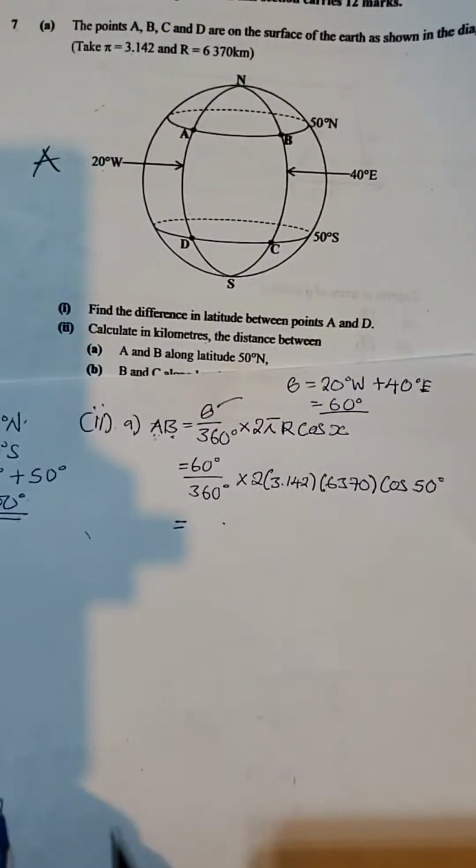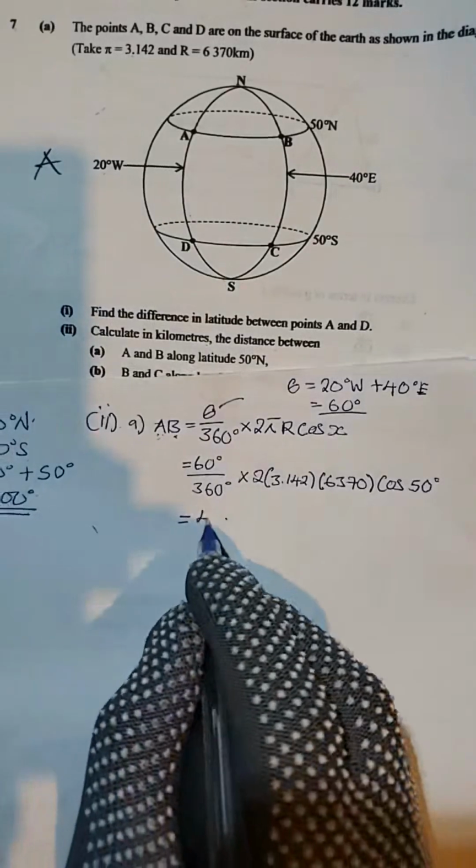Let me just double check. I don't want to make mistakes here. Multiply by 2, multiply by 3.142 times 6370 cos 50, not 60. Cos 50.